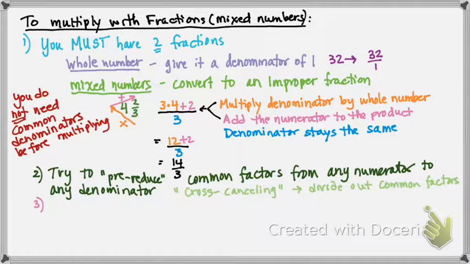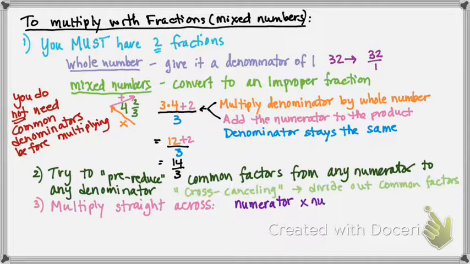Okay, so at this point, I'm going to multiply straight across. So we're going to multiply numerator times numerator, and denominator times denominator.